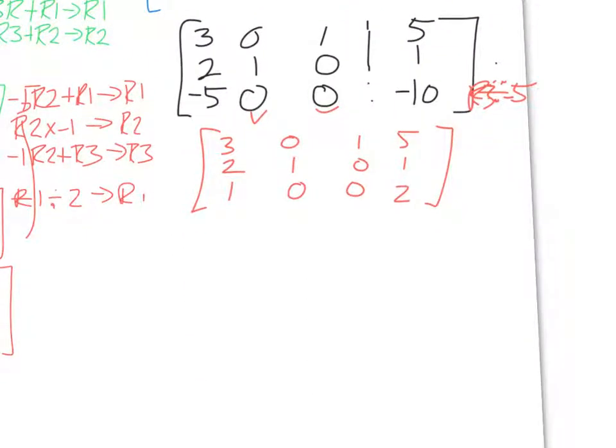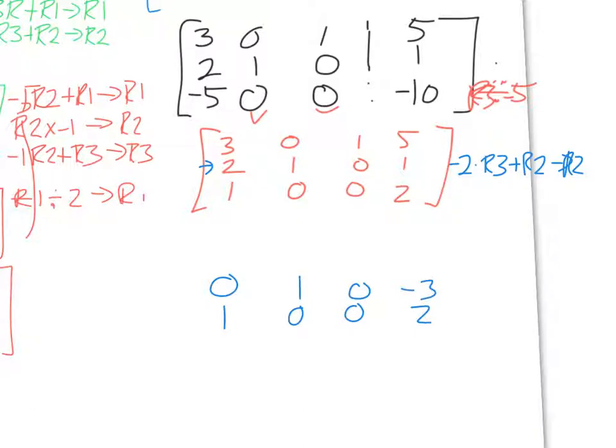Okay? We're going to use that to get rid of the rest of that column. To get rid of row 2, we're going to do negative 2 times row 3, plus row 2 is going to become row 2. So that's going to be row 3 staying the same, 1, 0, 0, 2. That gives us 0, 1, 0. And then negative 2 times 2 is negative 4, plus 1 is negative 3.